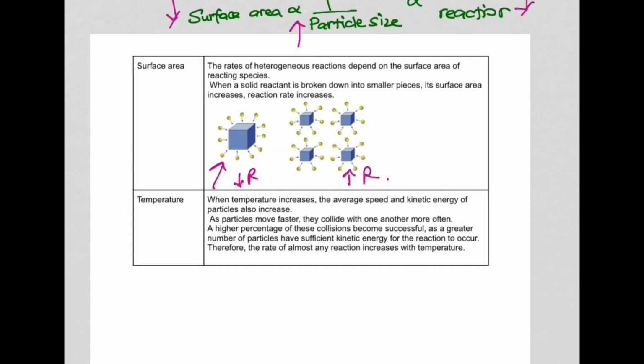This is what is meant when it says that there is a greater number of particles that have sufficient kinetic energy for the reaction to happen. So there's greater number of particles with energy greater or equal to activation energy.